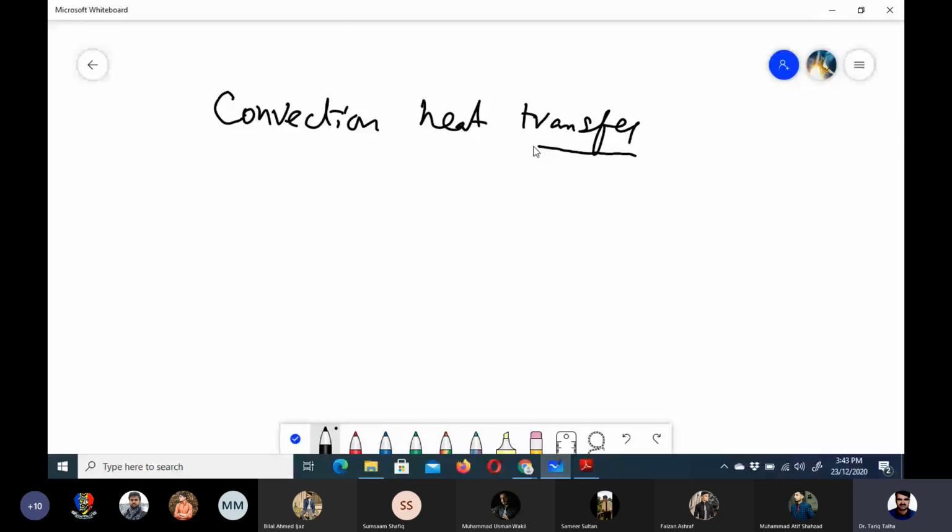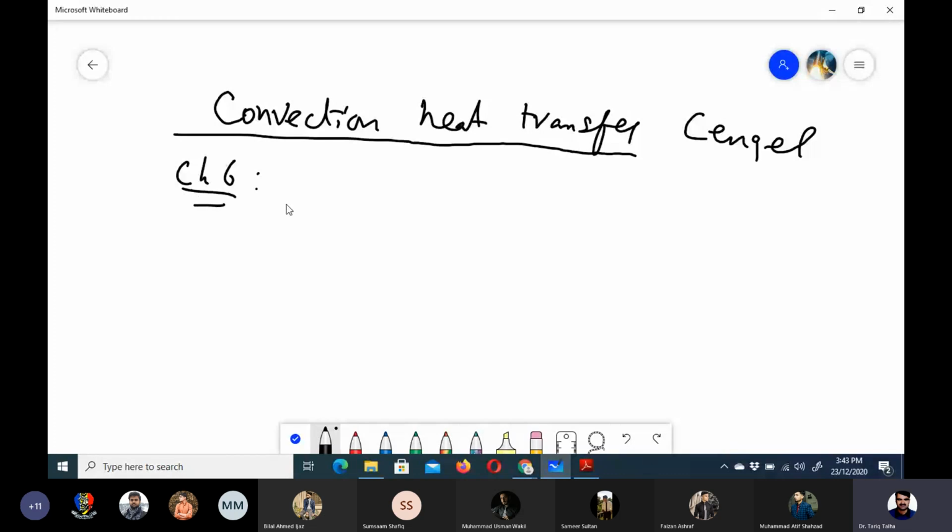Up to now we have studied from Incropera. Now we are going to study from the book Cengel. So first of all, we would study chapter number 6, which is introduction to convection.